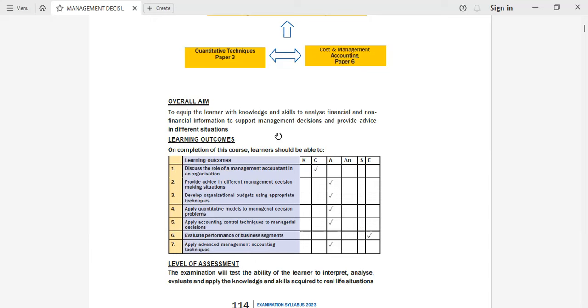These are the things that the examiner is going to be testing, whether the student has actually highlighted the skills and understood some of these basics that have been taught in the syllabus. Because the reason they give these learning outcomes is the same reason they keep on changing these syllabuses.